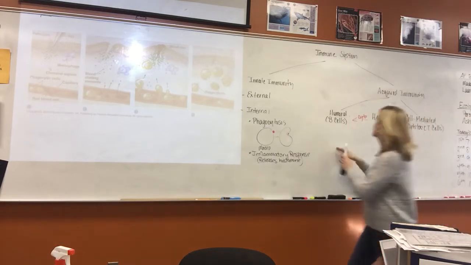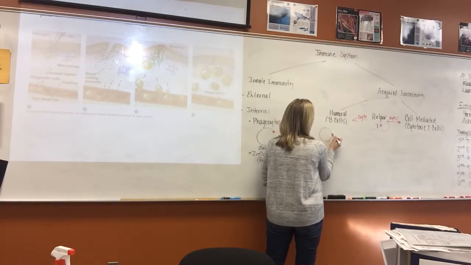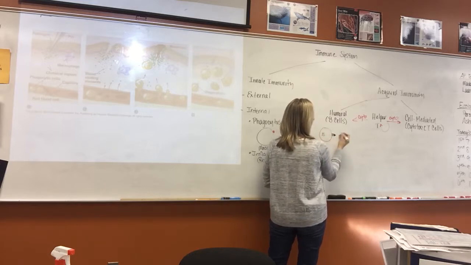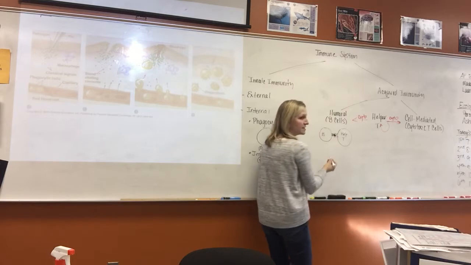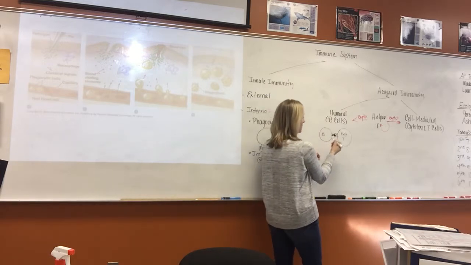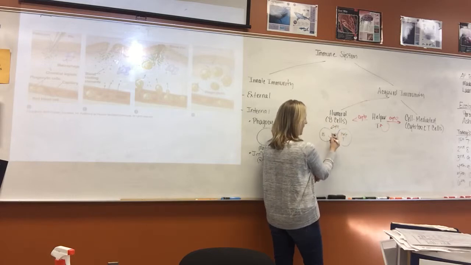I think I went through this yesterday. Remember, the B cell presents the antigen on the MHC molecule. So this is your B cell. And remember, your helper T cell has specific antigen receptors on it. So this is your helper T cell. This binding is a form of communication. The second form of communication is releasing those cytokines.